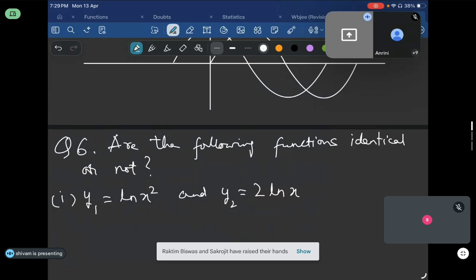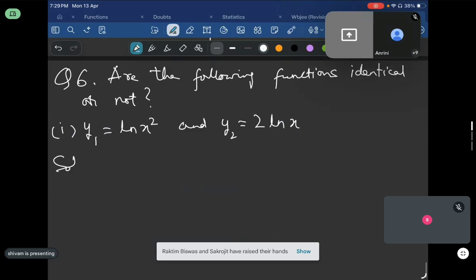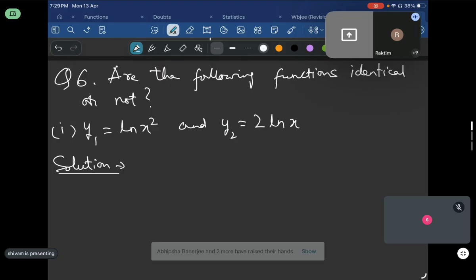For this one, Raktim, tell me. If we put a negative number in 2 ln x, it will not be in the domain, but if we put it in ln x square, it will become positive. So the domain is not equal. So they are not identical, right?